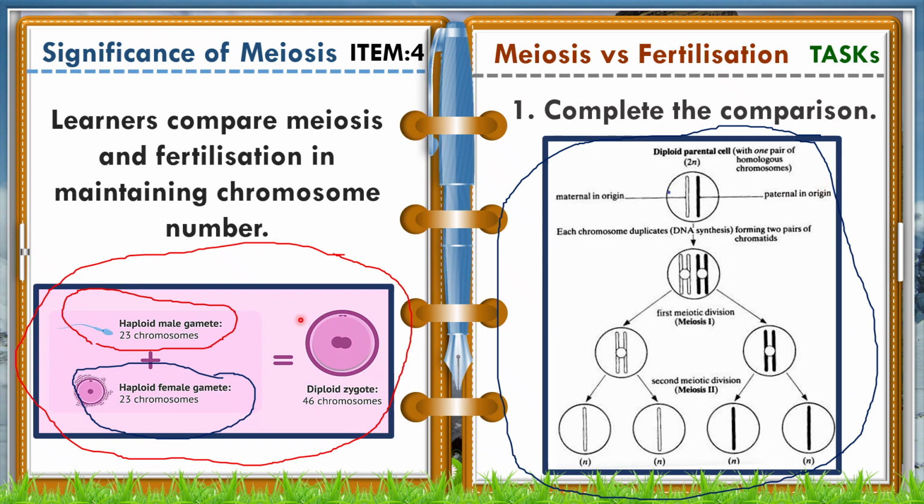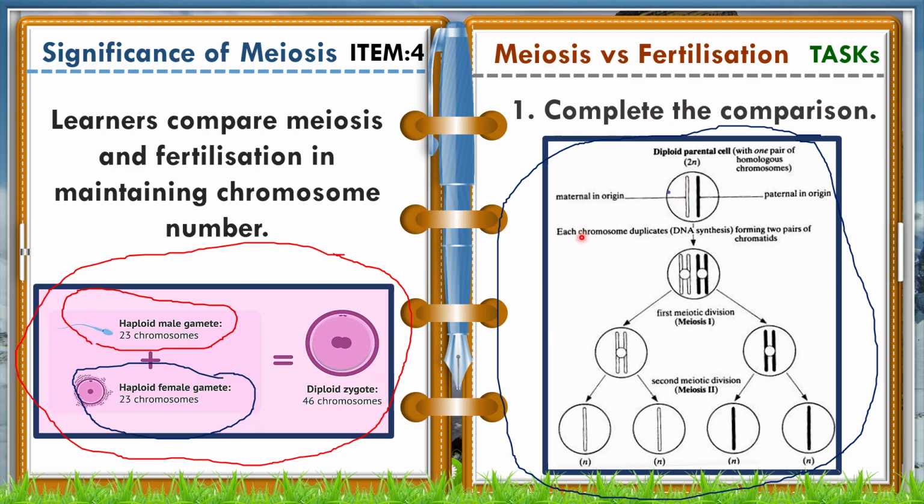Whereas on the fertilization side, we start with the haploid male gamete and haploid female gamete. Each one has half the number, so we call these N. But when you look at meiosis at the start, we call these 2N.